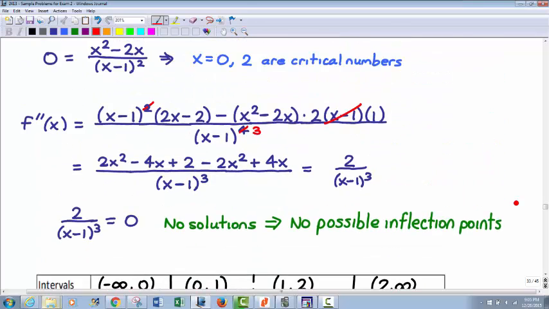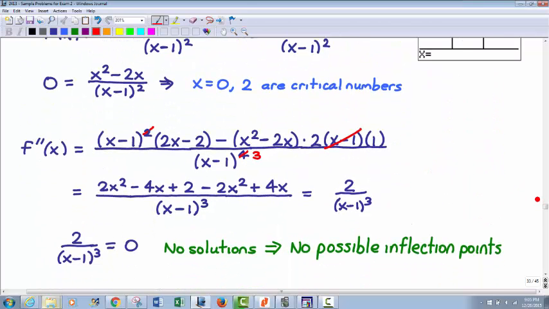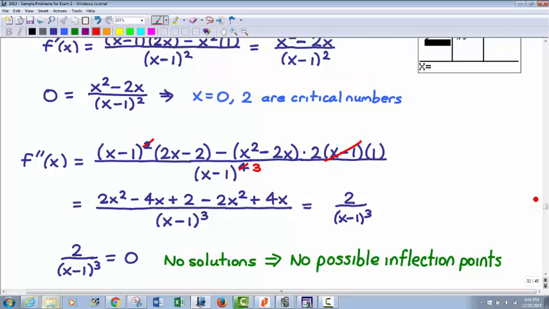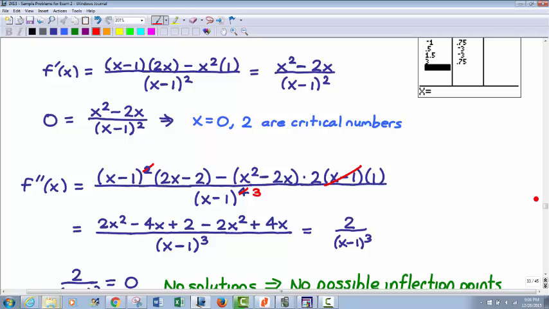So let's come back and see what happened to the second derivative. Maybe a bit too involved, but it does simplify real nicely though. All right, quotient rule once again. Bottom times the derivative of the top, which is 2x minus 2. Top times the derivative of the bottom, which would be 2 times x minus 1 to the first, times 1.